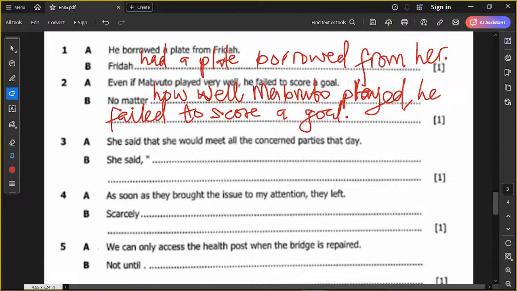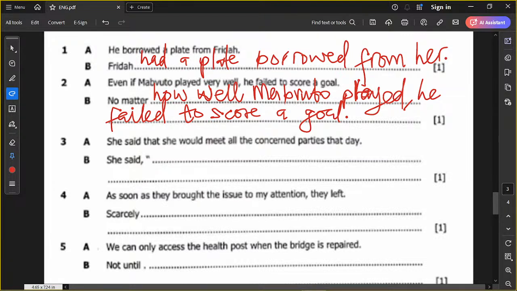We come to question 3. She said that she would meet all the concerned parties that day. Begin with she said. Here we want to say the actual words that she said. So, what did she say?